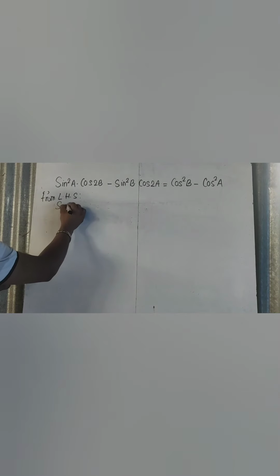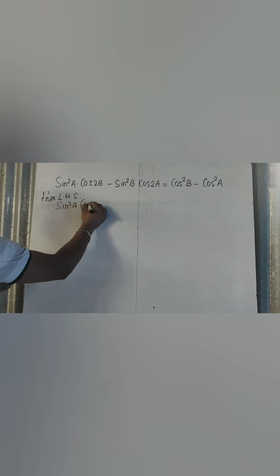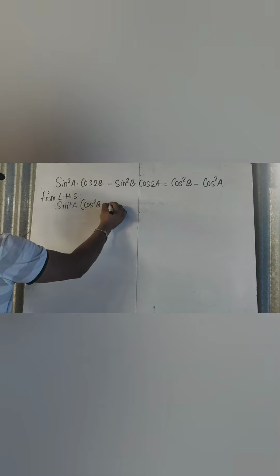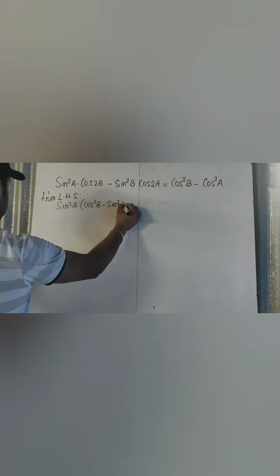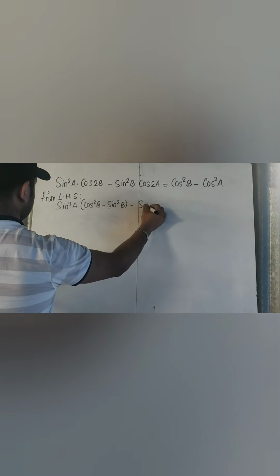Now I'm going to solve the same problem in a different way. You have sin square A here. The formula of cos 2B is cos square B minus sin square B. We have sin square B here.